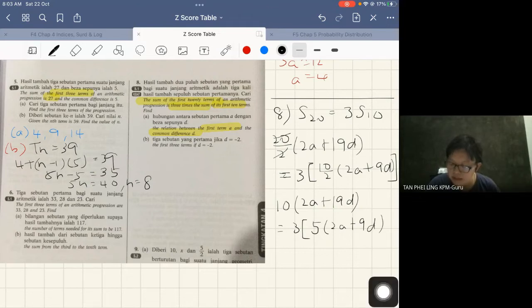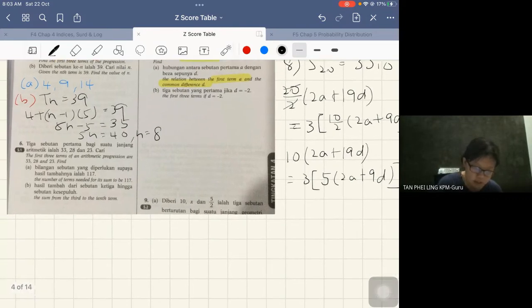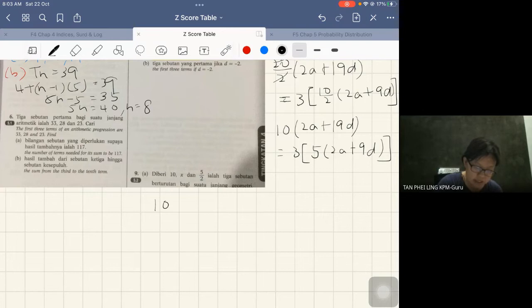Then let us simplify. Whatever we can simplify, multiply in first, because they just want the relation of a and d, which means you just have to find maybe a equals to how many d, things like that. So we expand whatever we can. Let me write in this way. 10 bracket 2a plus 19d equals 15 bracket 2a plus 9d.